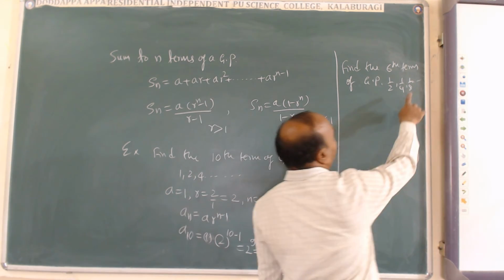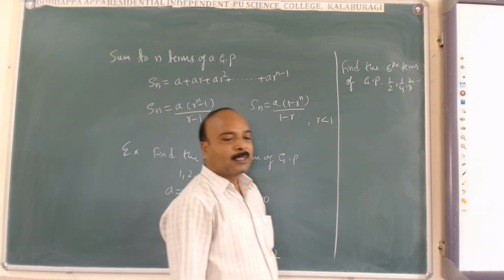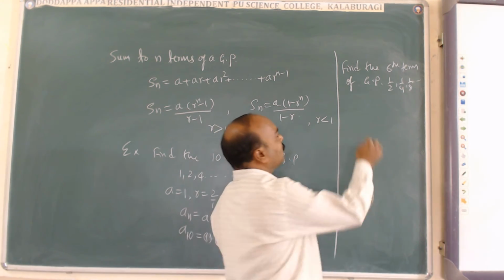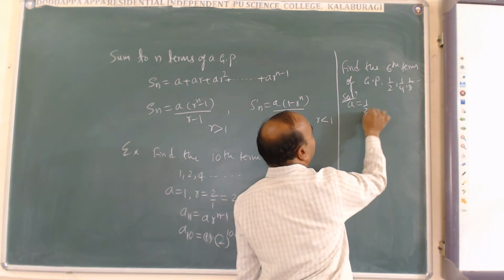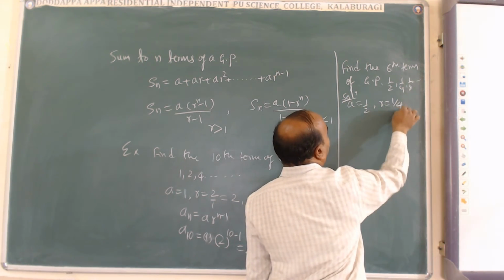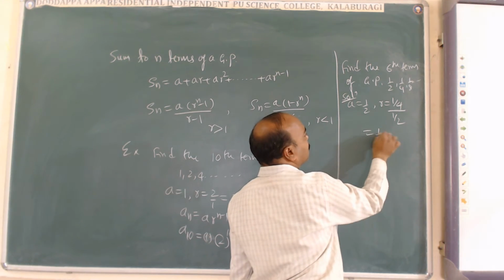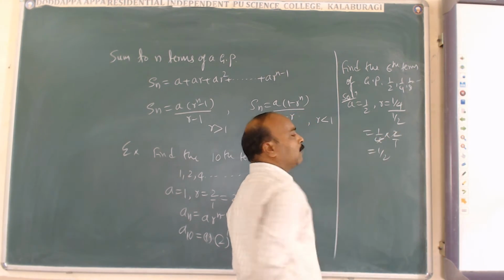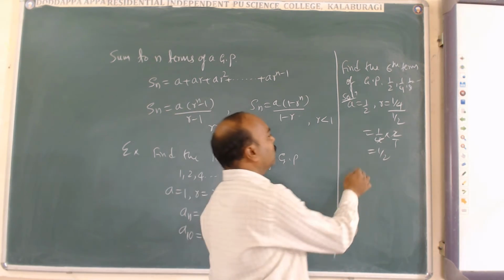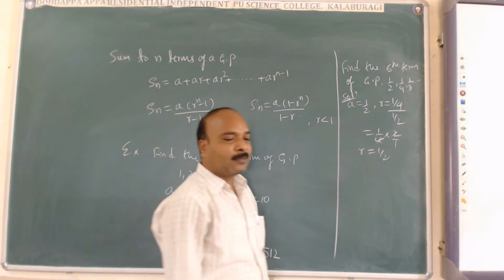Again a3 by a2 also gives 1 by 2. Therefore it is a geometric progression. Here a value is 1 by 2, r value is 1 by 4 divided by 1 by 2. It is 1 by 4 into 2 by 1, which is also 1 by 2. Now we get the common ratio is 1 by 2.